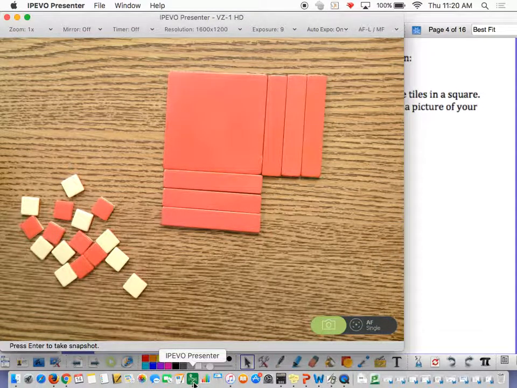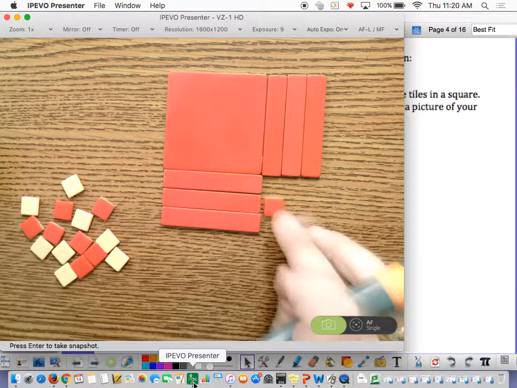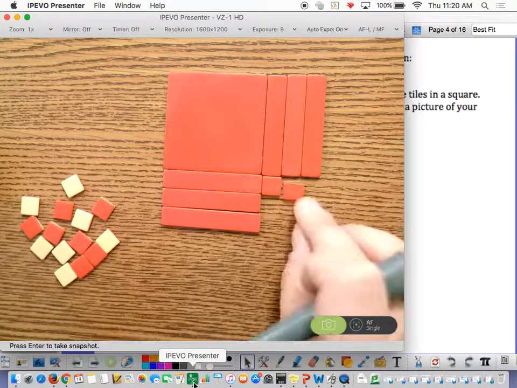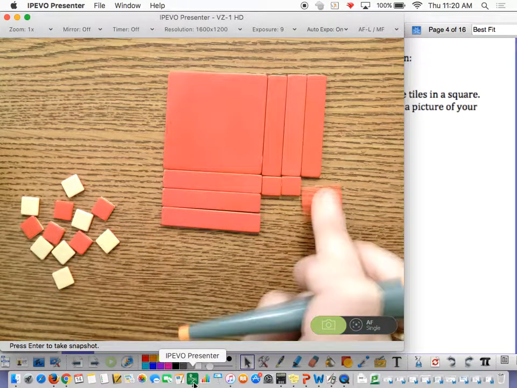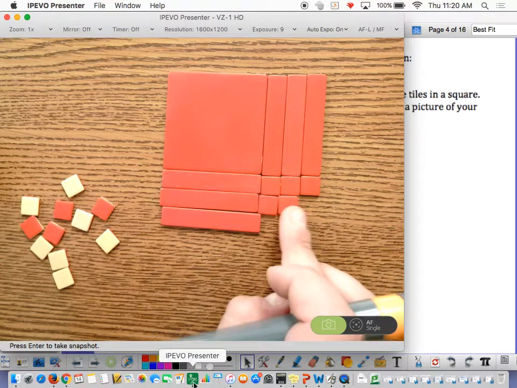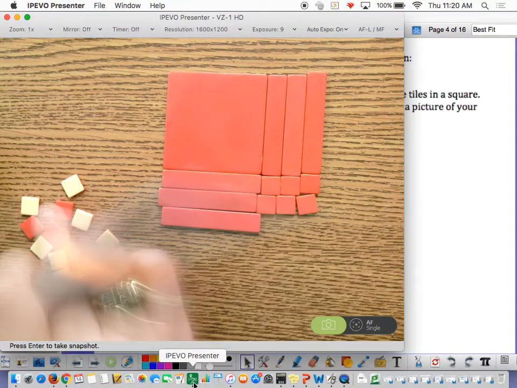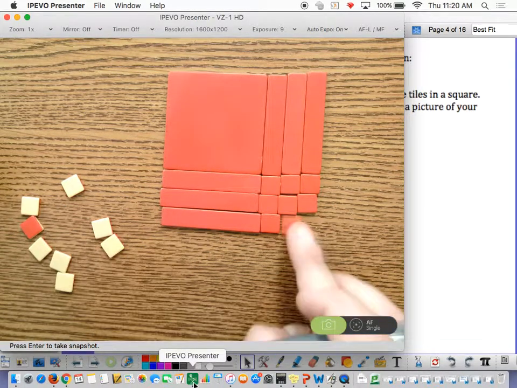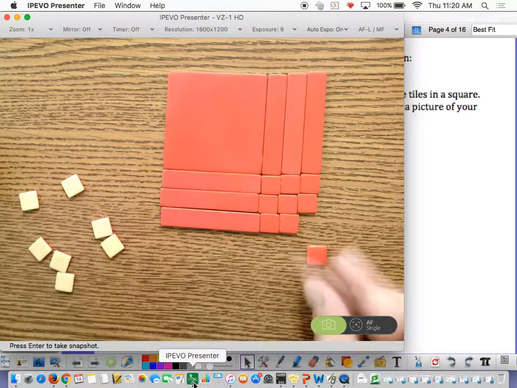And we need to know, so question 2 there asks, how many 1 tiles will you need to complete the square? Okay, well, let's see. Hopefully you might see it. There's 1, there's 2, there's 3, and 4, and 5, and 6, and 7, and 8, and 9.